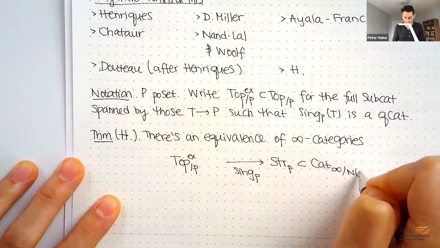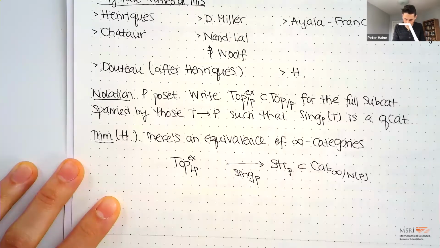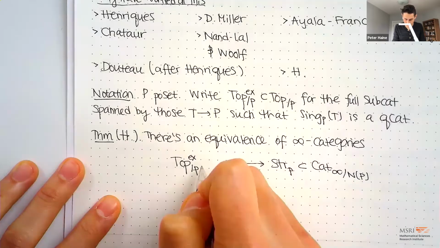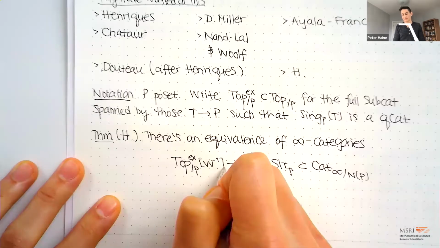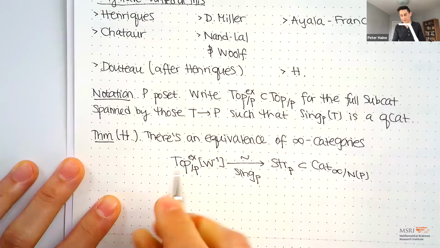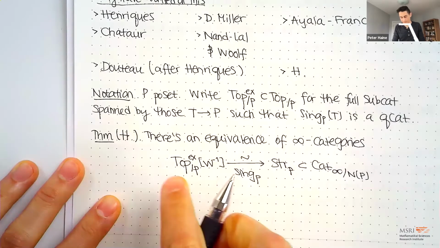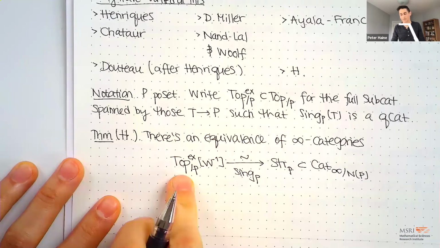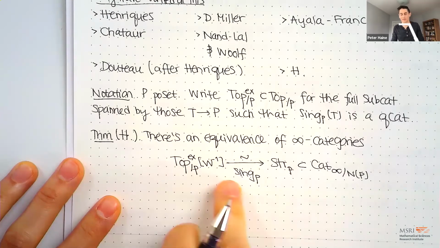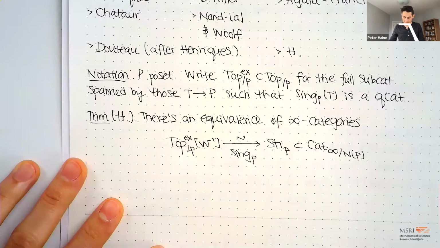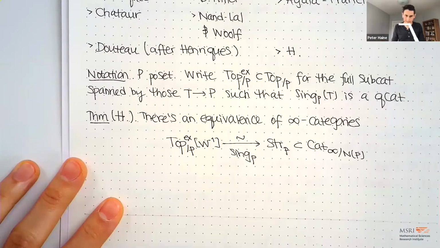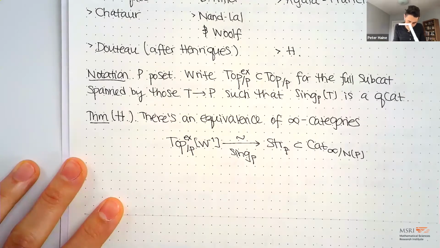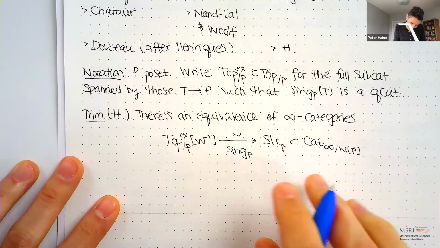And well, I'm going to have to invert some class of weak equivalences that I'll tell you what it is. But the theorem is that there's an equivalence after I take these guys for which this construction actually produces a quasi-category, and I invert a class of weak equivalences. So there are two ways that you can identify what this class of weak equivalences is.